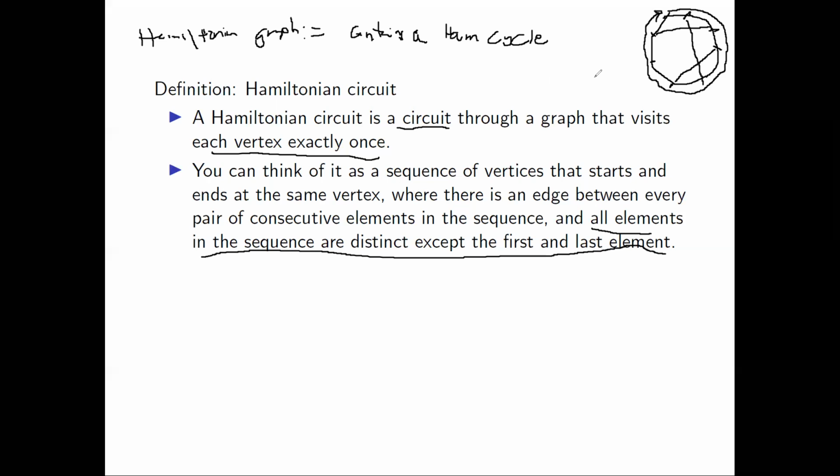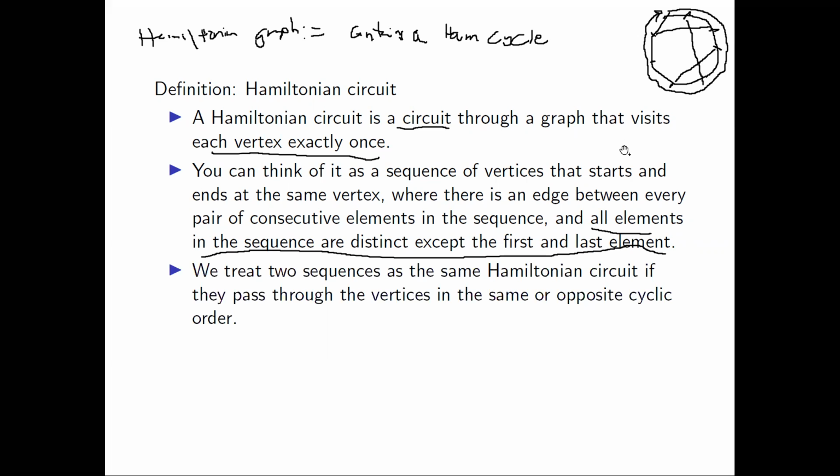Similarly to the Eulerian paths, sometimes we'll consider two different sequences as the same Hamiltonian circuit. If two sequences pass through the vertices in the same or opposite cyclic order, they represent the same Hamiltonian cycle. For example, the cycle I drew up here is the same Hamiltonian cycle as this cycle, which passes through the vertices in the same cyclic order.